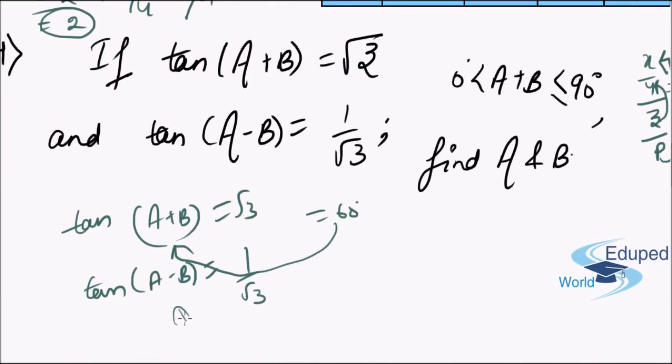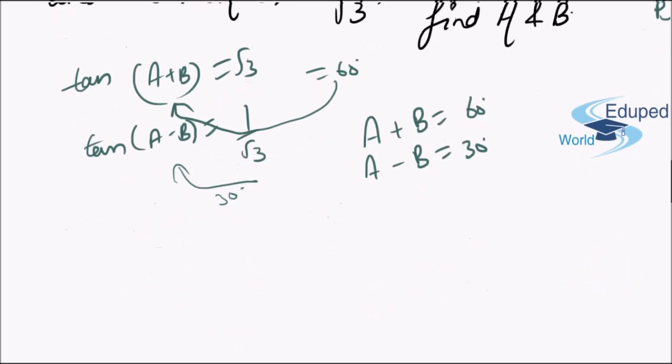So this angle is 30 degree. So our question reduces to a plus b is 60 degree and a minus b is 30 degree. The given question has been reduced to a pair of linear equations if we look at these equations closely.